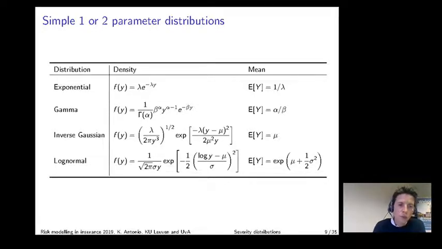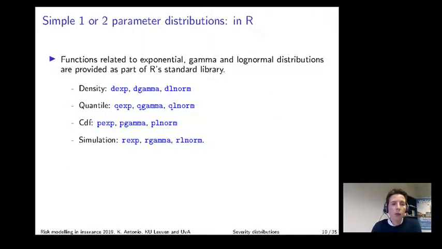Now, functions related to the exponential, the gamma, and the log normal distribution are provided as part of R's standard library. And for each distribution, you have 4 standard functions available, where the D refers to probability density function, the Q refers to the quantile function, P is for the cumulative distribution function, and R is for simulation.